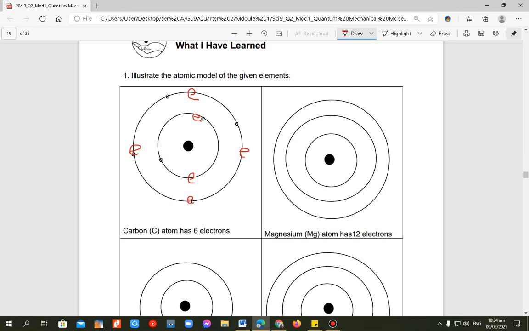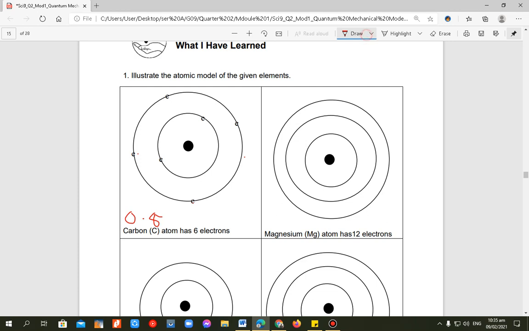So, kapag yung element po natin, another example is oxygen. Try natin oxygen. So, this element will be oxygen, which is yung oxygen po natin, meron po siyang 8 electrons. 8 electrons po yung oxygen.